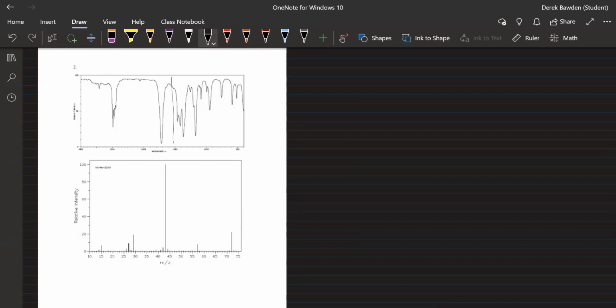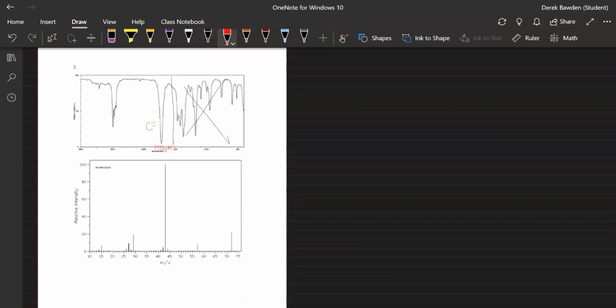All right, so here's our 1500. I'm going to get rid of that. And this peak is at 1712. What does that tell us? It's alkene? Oh, sorry, no, actually, non-alkene. Carbonyl?